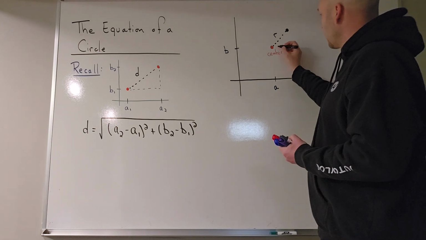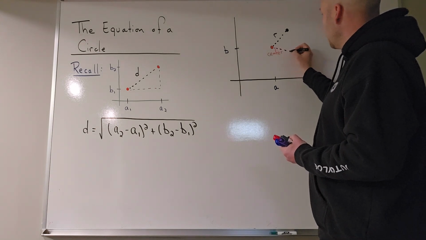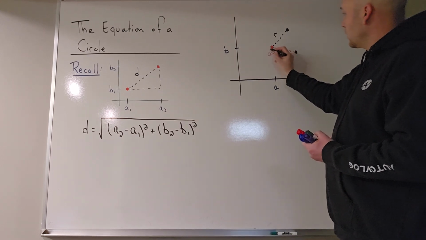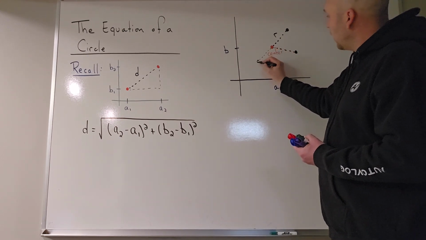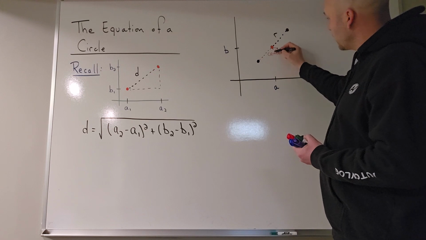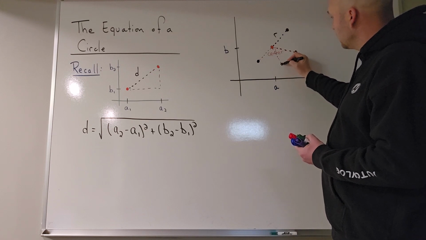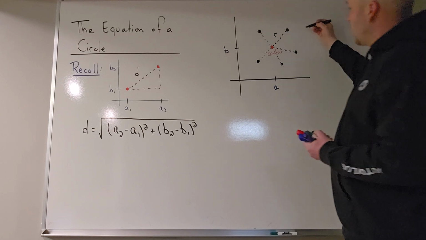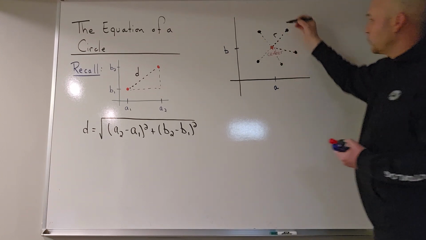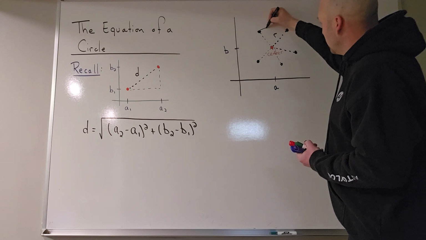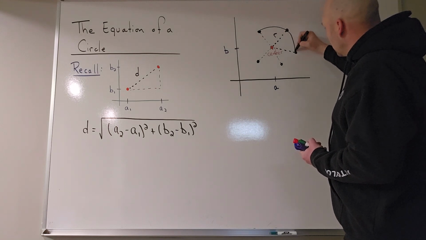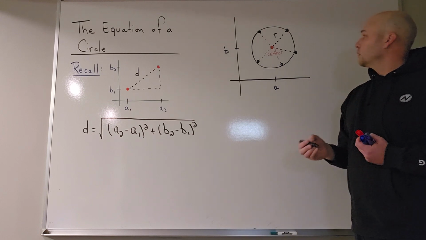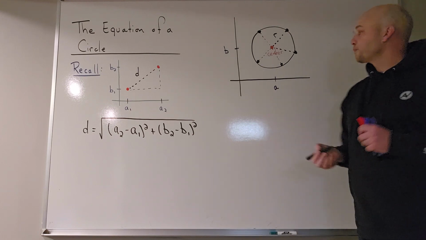I could go in another direction and say, well, this point right here also has distance r. This point over here also has distance r. And we could go in all sorts of directions here. And what happens is when I plot all of those points, we get what amounts to a circle.